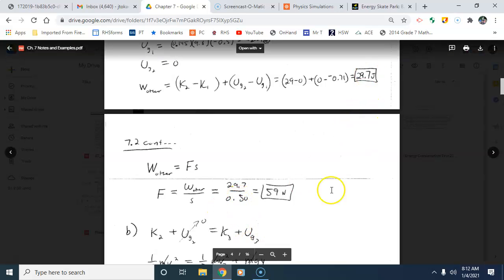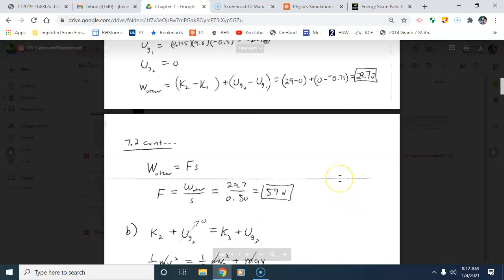And the work other we just found. So we plug those in, and we get 59 newtons of force this person must have had to accomplish this. And actually, again, there could have been some other ways to figure this out using kinematic equations or Newton's laws. But we're learning about energy here. We want to tackle it that way.